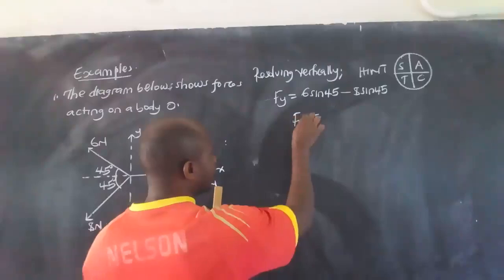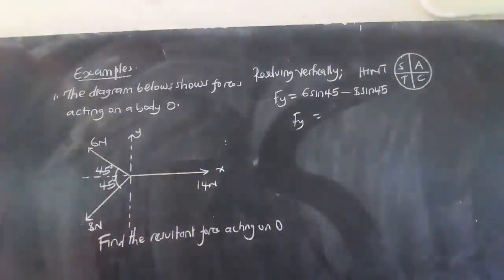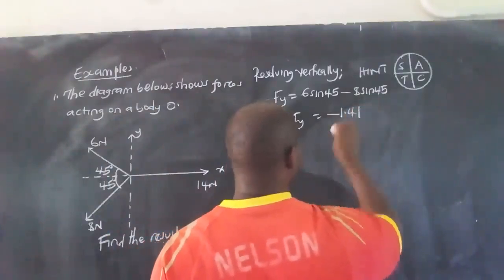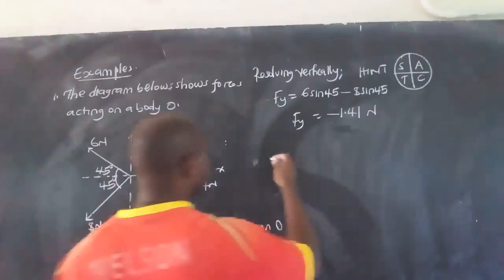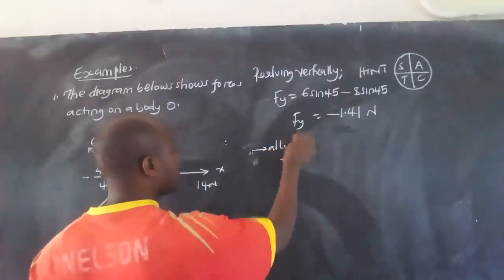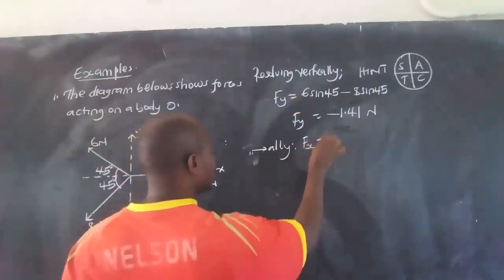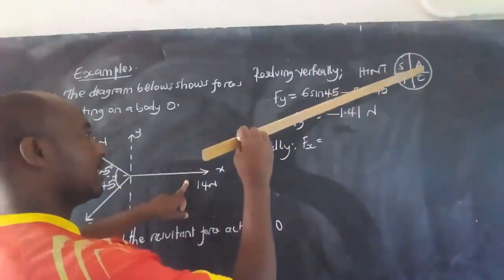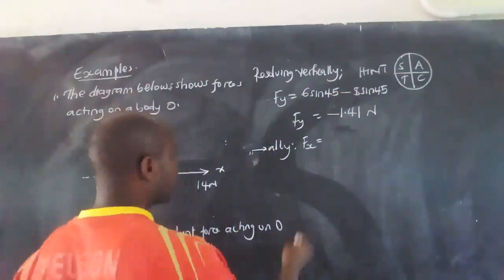When you use the calculator properly, we shall get our answer as negative 1.41 newtons, okay? Then resolving horizontally, we shall use Fx. This one has a horizontal component, so it's positive, that's 14.